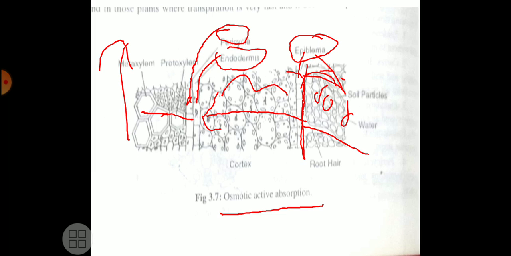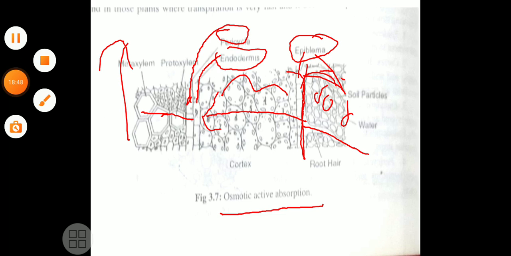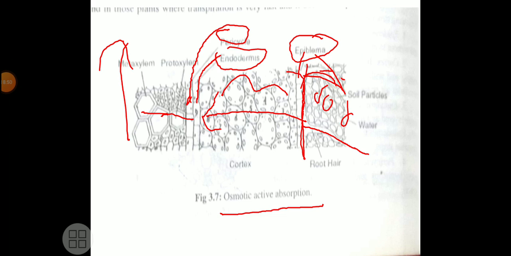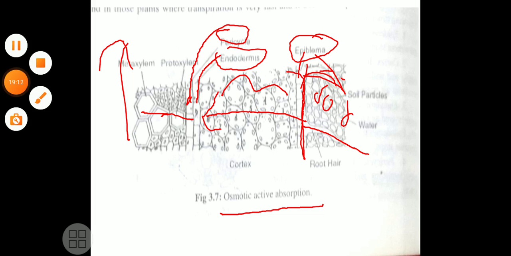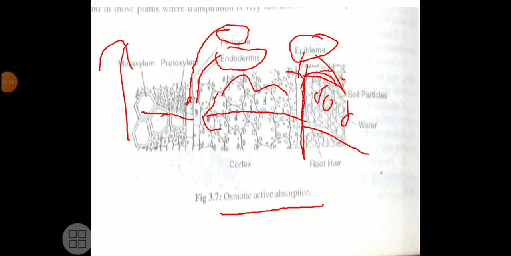So every lecture, everything you will have to remember and understand thoroughly, and only then will you be able to understand the many more physiological processes taking place in the plant. And as I have already said, definitely we will go for the sketches. You will sketch the diagrams, and that will help you understand again.